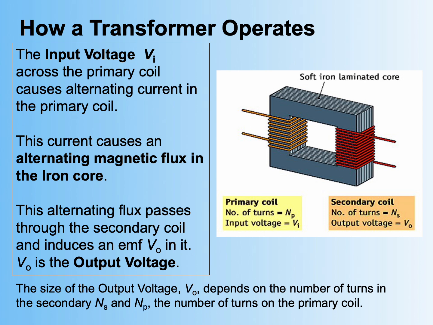So that passes right through that core over to the secondary coil, which then induces an EMF, which we call the output voltage VO, in that right hand side of the coil. And the size of this output voltage will depend on the number of turns in the secondary and the primary coils.